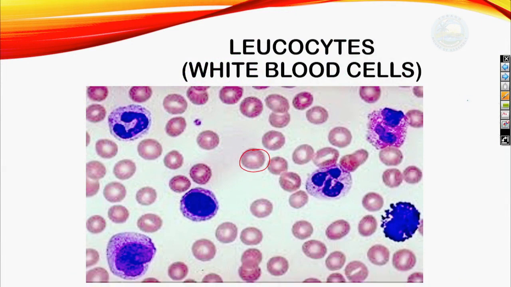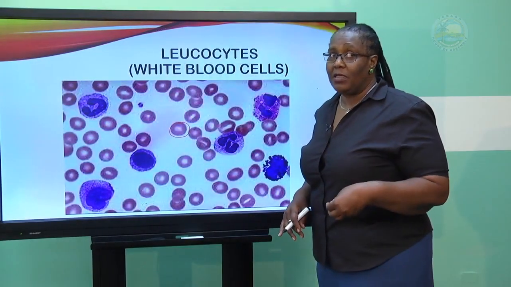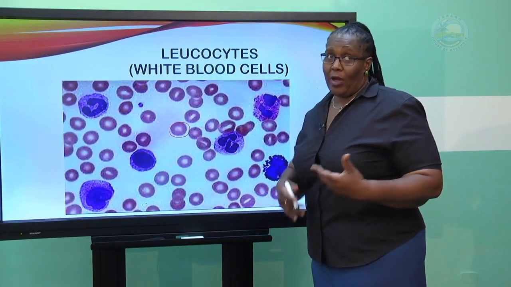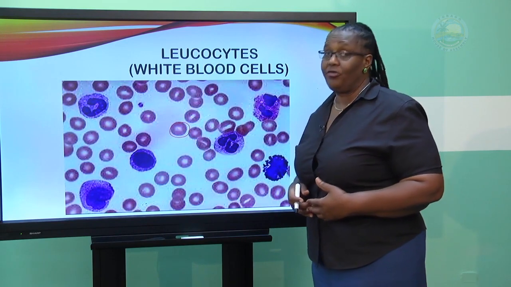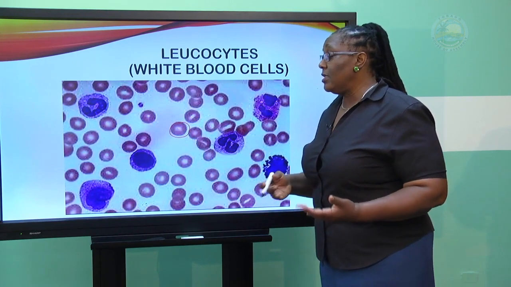Okay, so you have the red blood cells, which we know are responsible for transport of oxygen. So they take an important role in how our body releases energy, while the white blood cells are the ones that are responsible for ensuring our health, ensuring our body is able to respond to diseases and so on.